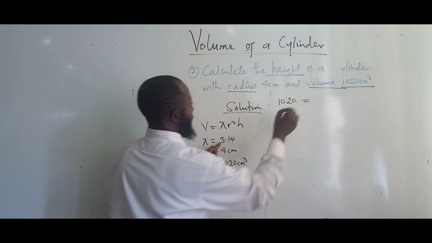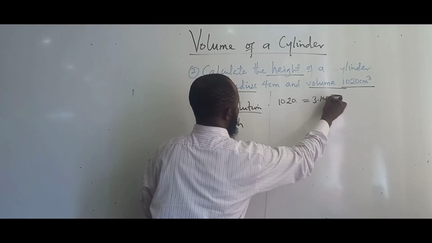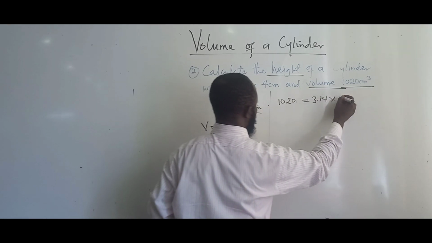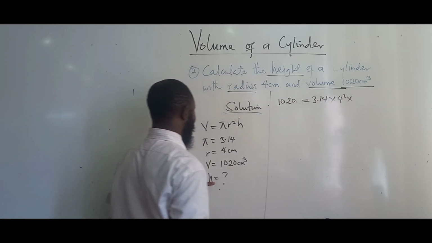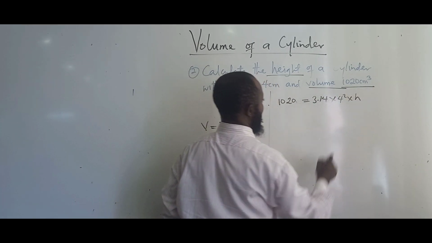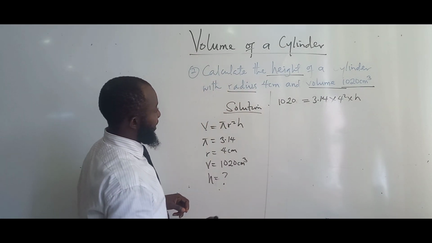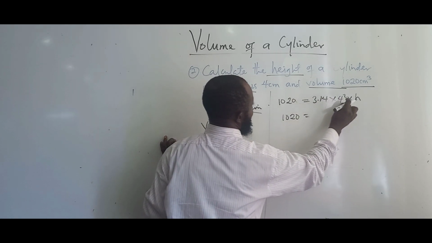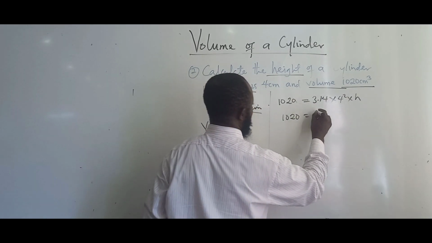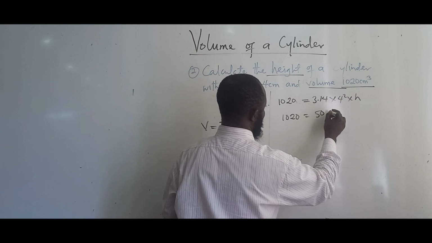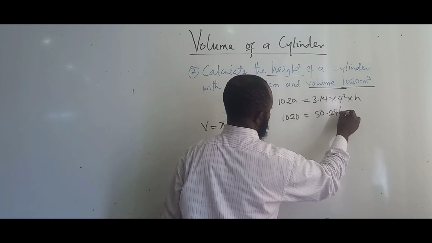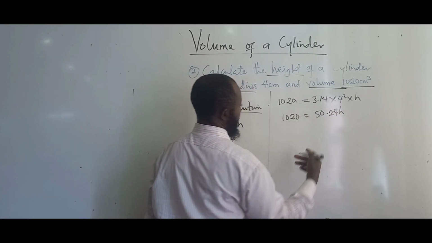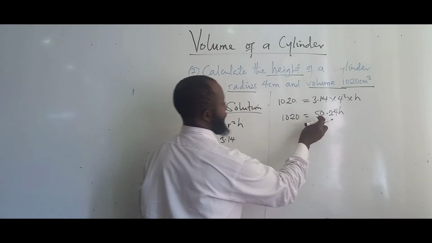The pi, which is 3.14, multiplied by the radius squared, that is 4 squared, multiplied by the height, which we don't know. That's what we're looking for. So in that case, we have 1020 equals 50.24 h. So what are we looking for? We're looking for h. So what we need to do is to eliminate 50.24.